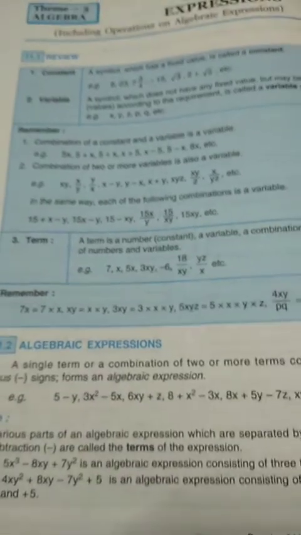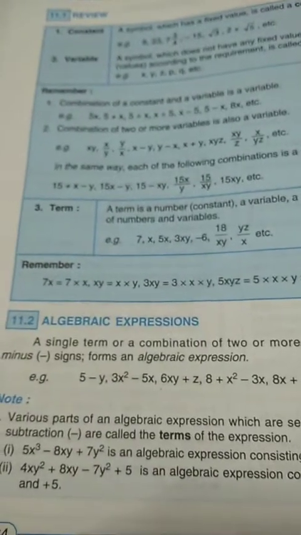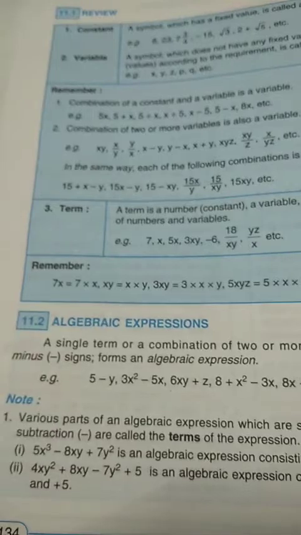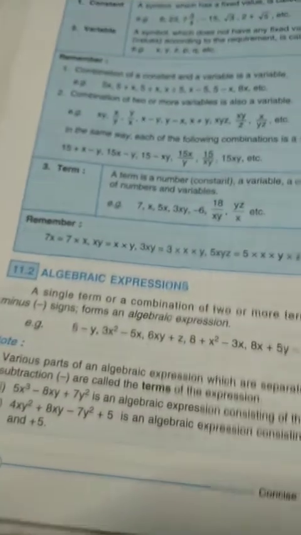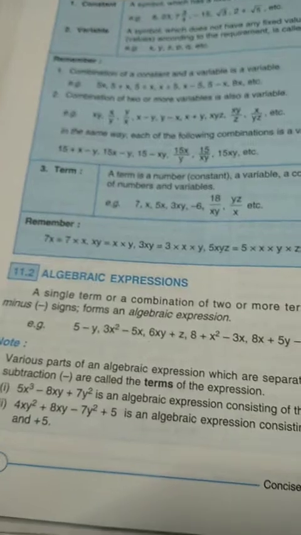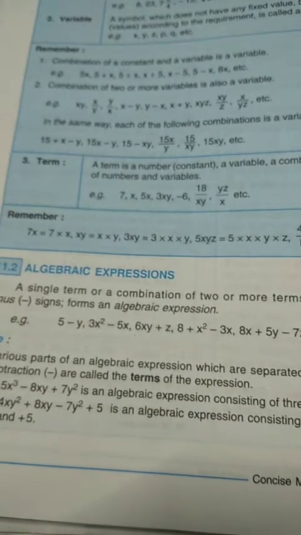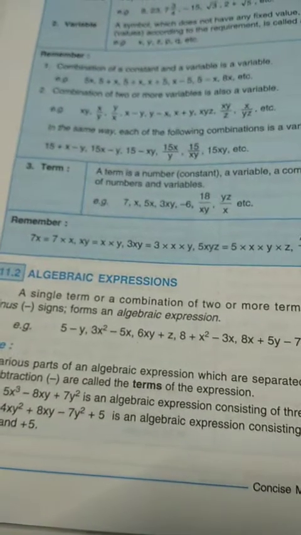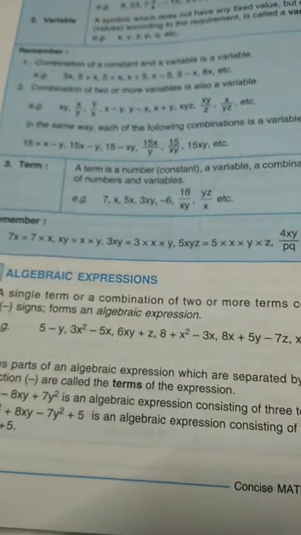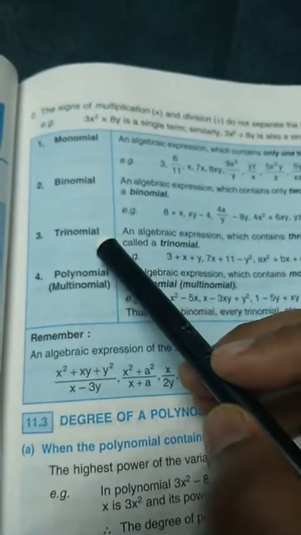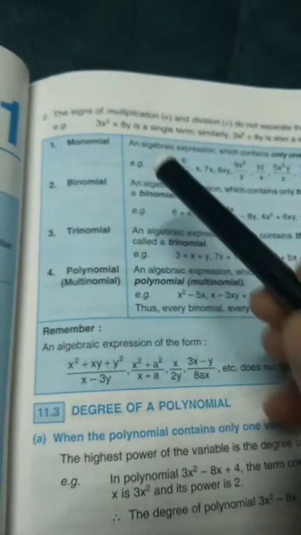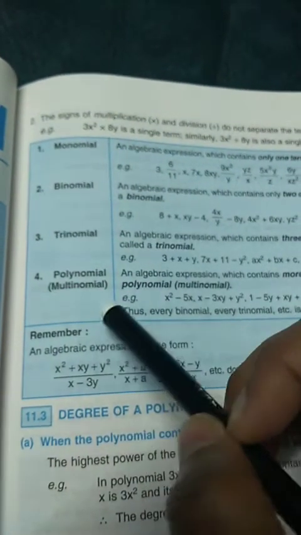Algebraic expressions are formed by using different types of symbols like plus, minus, multiplication, addition, division, etc. With the help of these signs, an algebraic expression is formed. The first is monomial, then we have binomial, trinomial, and then polynomial, which is also called multinomial.